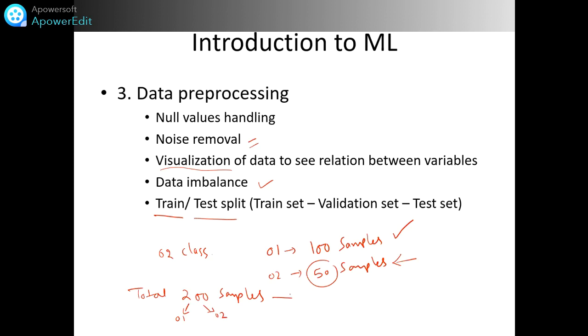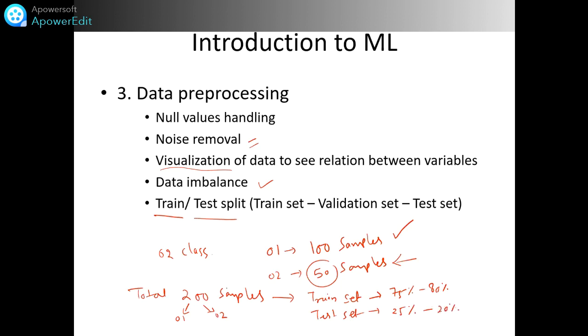We have to make a train set, and generally we can take it from a range between 75% to 80%. And we have to create a test set also, so it may vary according to this, 25 to 20%.